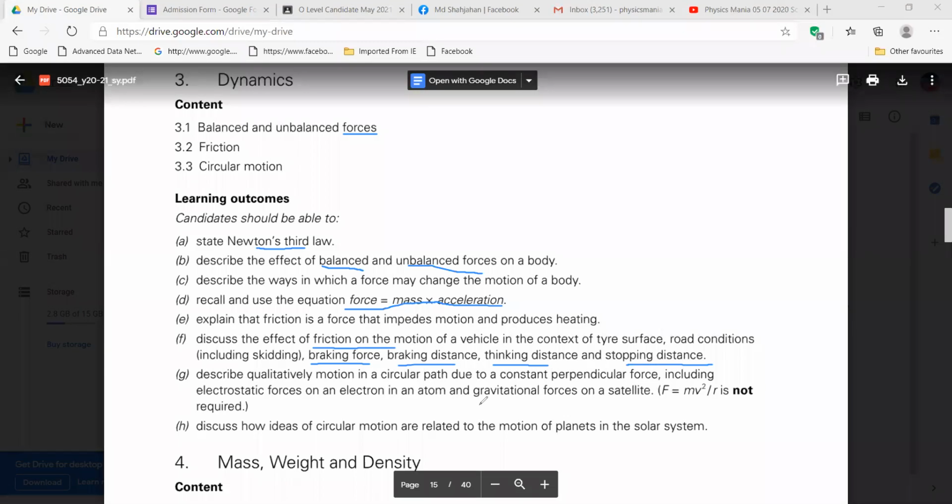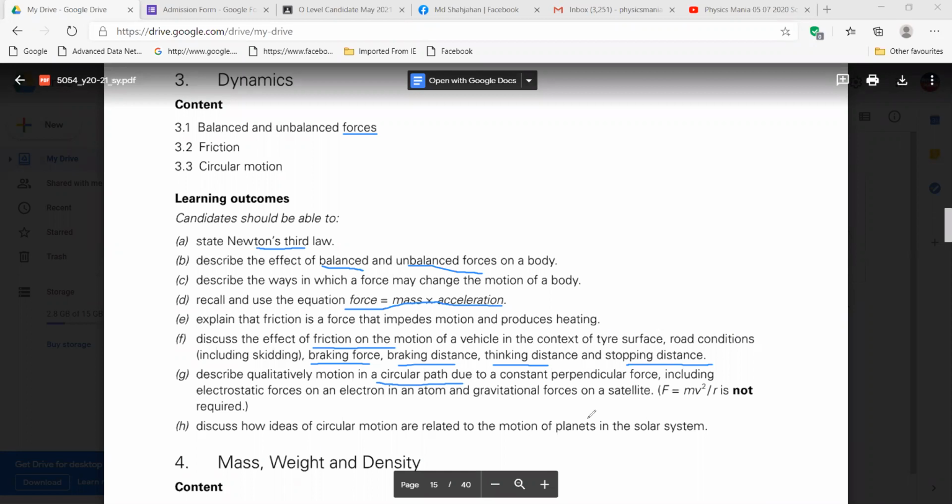And we have the idea about circular motion. Here you have circular motion, circular path, an object moving with constant speed, or, as it is changing direction, we will say constant speed.